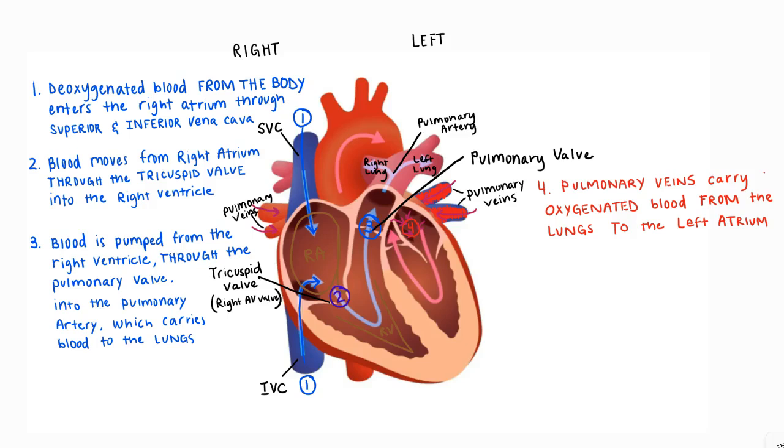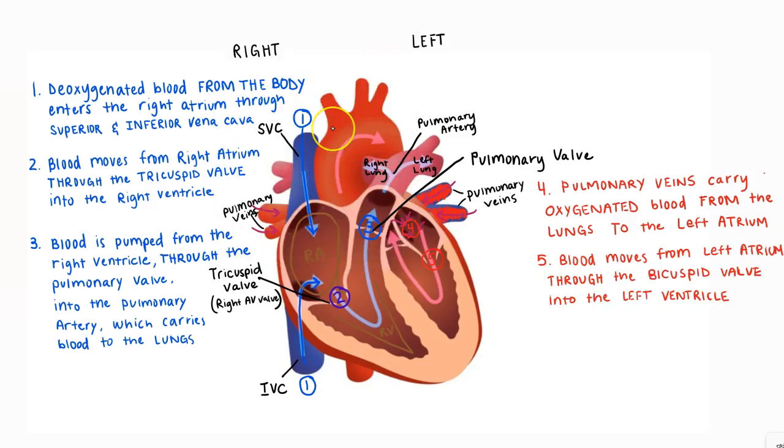Then the pulmonary veins, shown on this side and this side, carry oxygenated blood from the lungs back into the left atrium. Okay, so we are here in the atrium on the left side. Then the blood moves down through the bicuspid valve into the left, again, V-shaped ventricle.